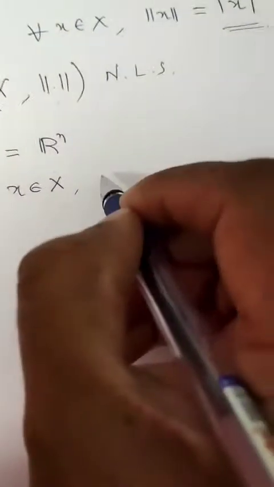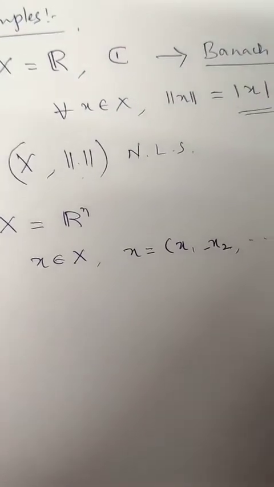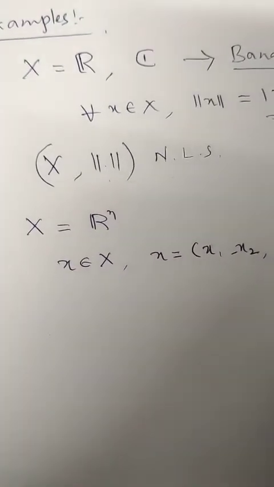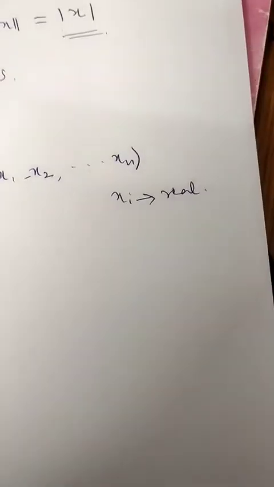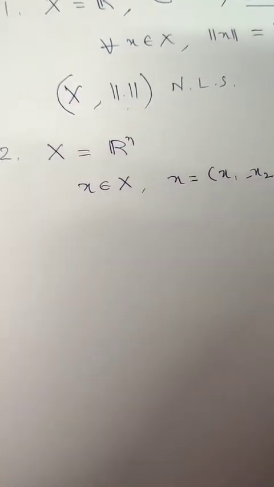It is an n-tuple of real numbers. So x belonging to X can be written as x1, x2 and so on, xn, where each xi is a real number.